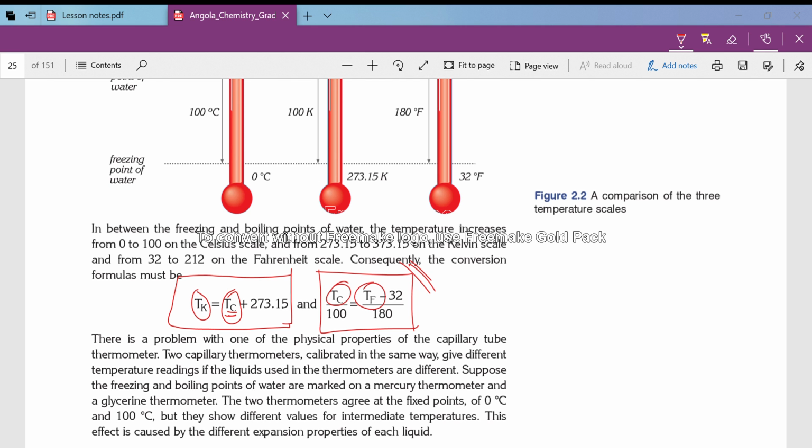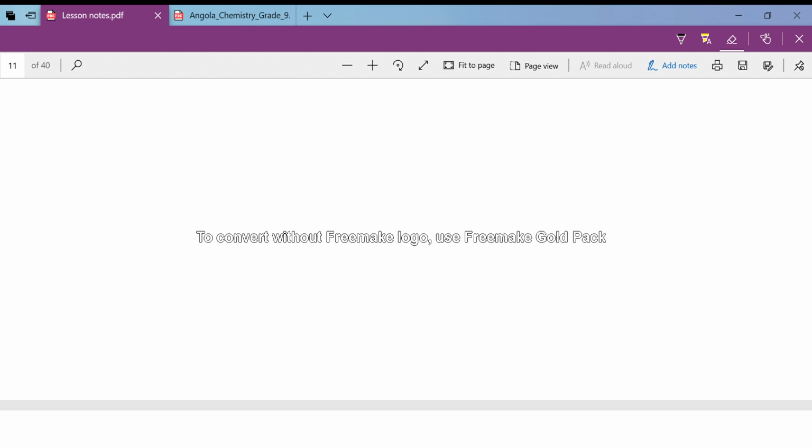Now, the formula is Tc over 100 equal to Tf minus 32 divided by 180. Okay, this is what we have, and of course from this formula we can isolate.